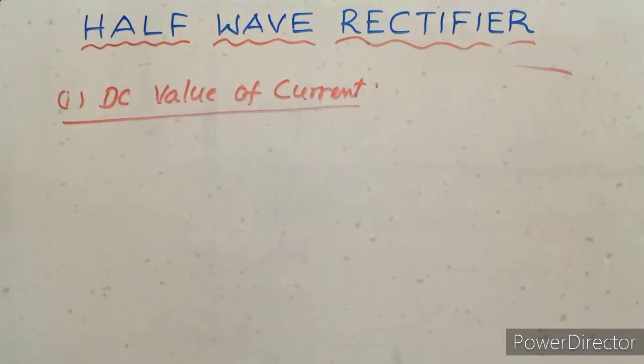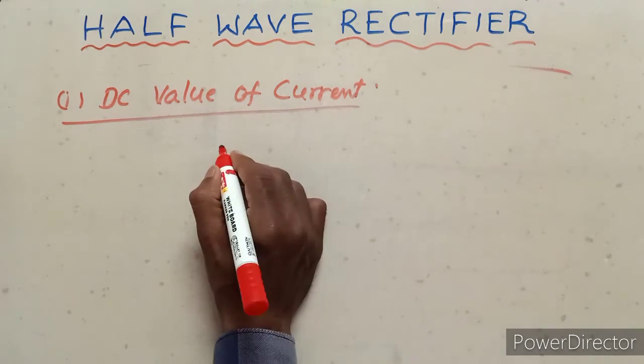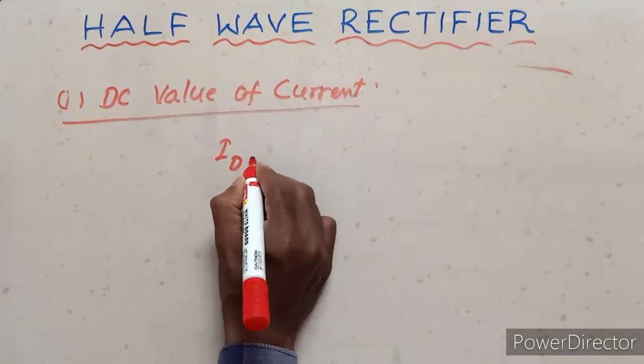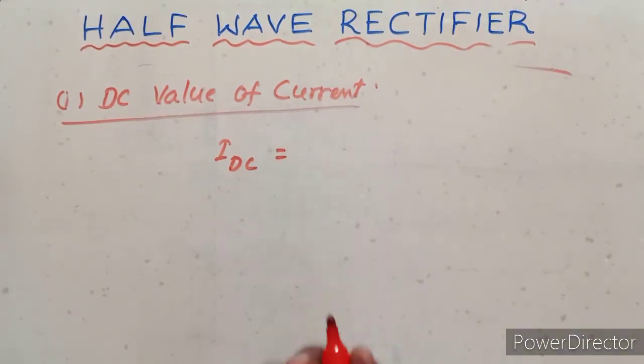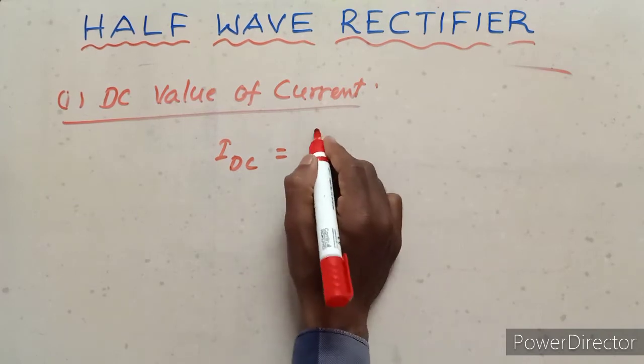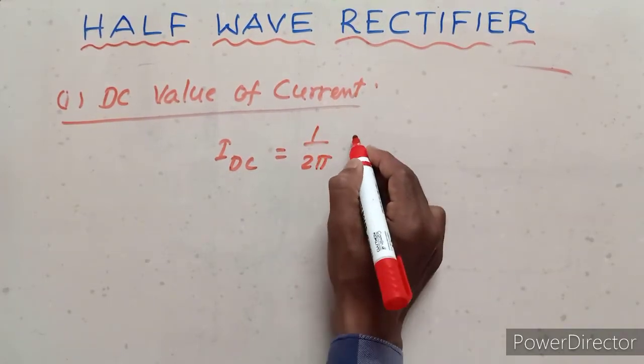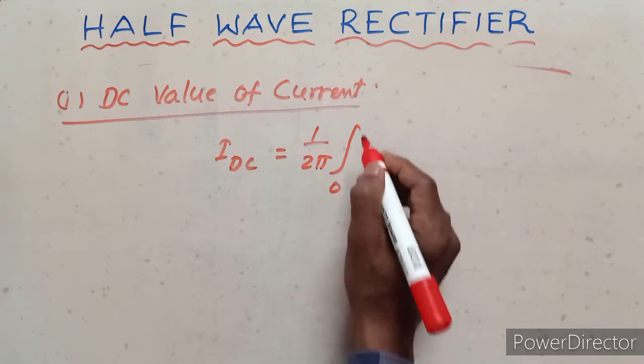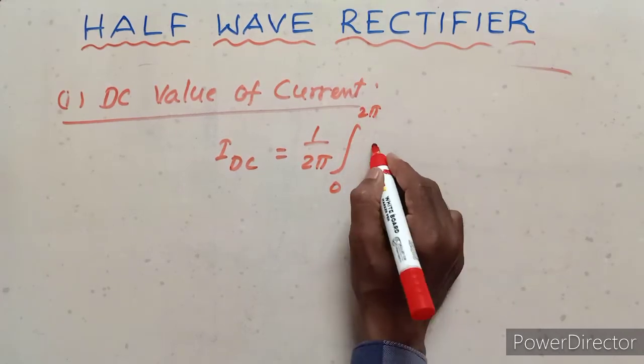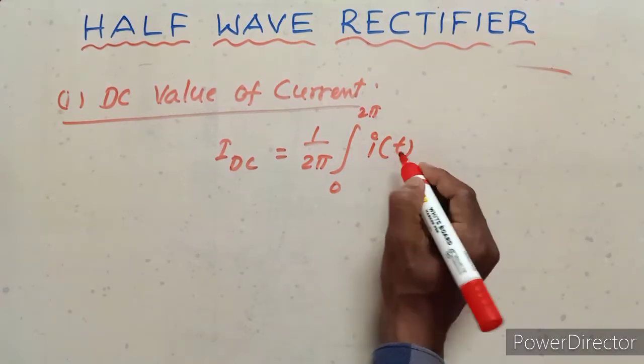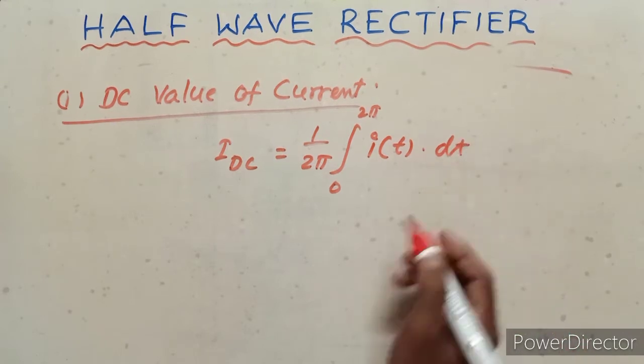The DC value of current formula is IDC. Already we know from the characteristics of the rectifier: IDC equals 1 upon 2 pi, integration 0 to 2 pi of i of t dt.